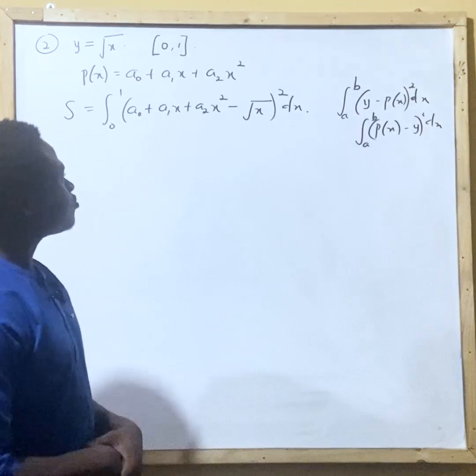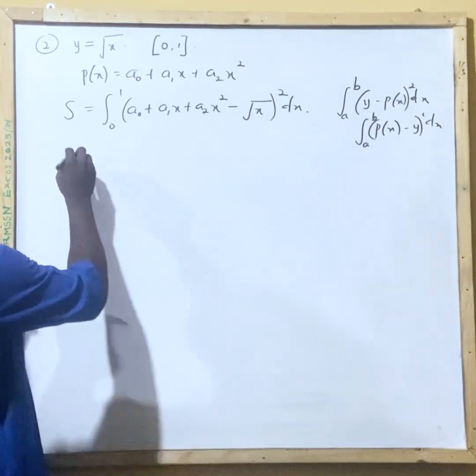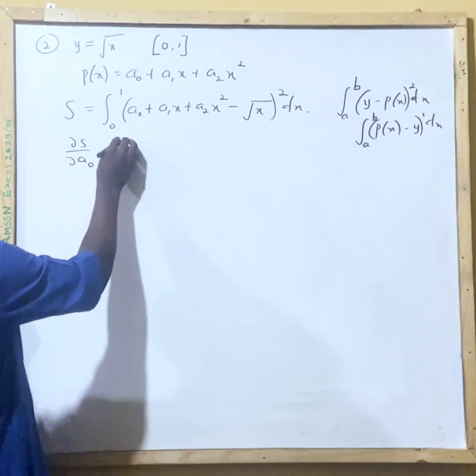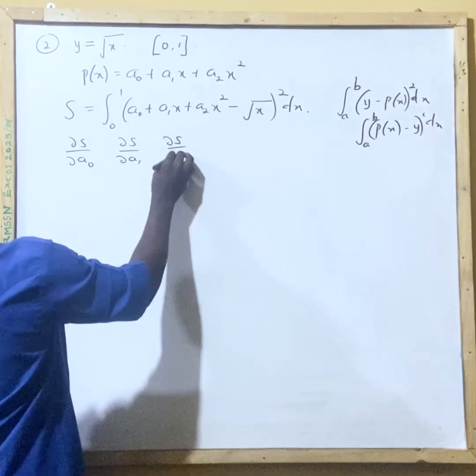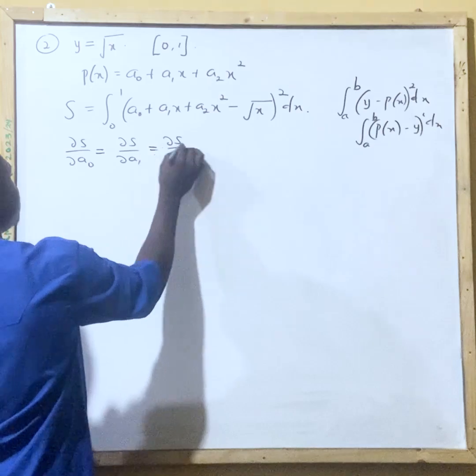All right. Of course, I want to minimize our residue. That is, I want to get the partial derivative of S with respect to a naught, a1, and a2. To minimize the residue, all of them have to give me 0.